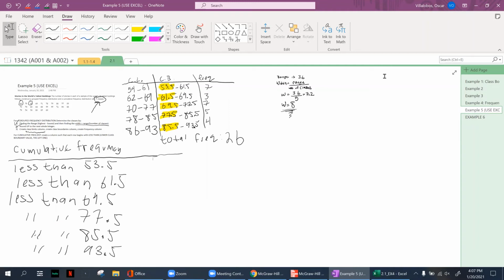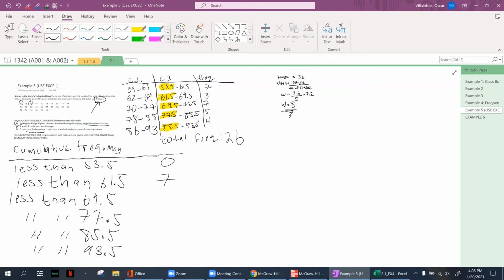So anything less than 53.5 would be 0, because there was nothing there. The lowest one I had was 54. Anything less than 61.5, well, I had 7.